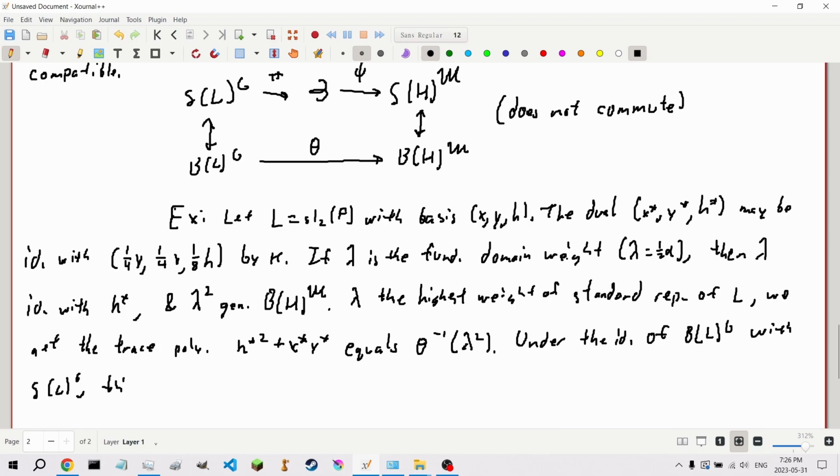This becomes the symmetric tensor 1/64th of h tensor h plus 1/32nd of x tensor y plus y tensor x.